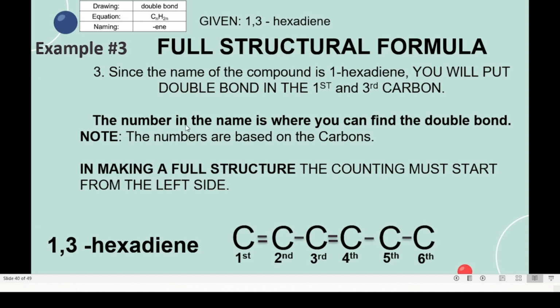The number in the name is where you can find the double bond. The numbers are based on carbons. So in making a full structure, again, we start counting from the left side. So, first carbon, second carbon, third carbon, fourth carbon, fifth carbon, sixth carbon. So, the given there is 1, 3.